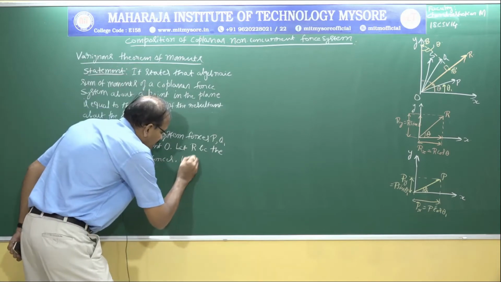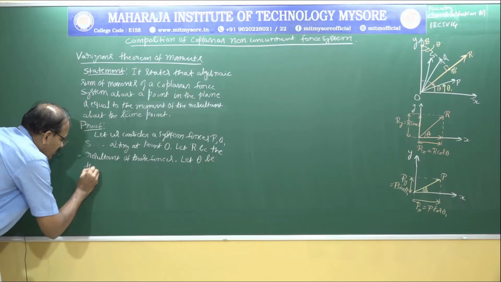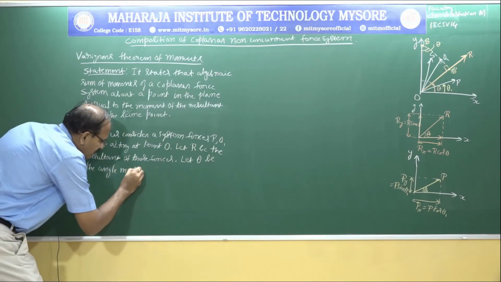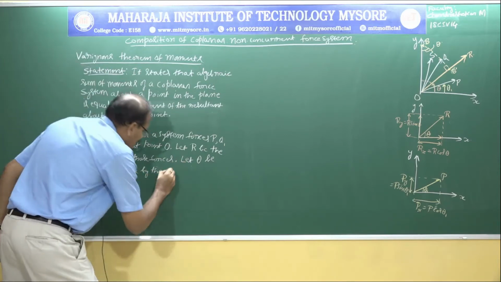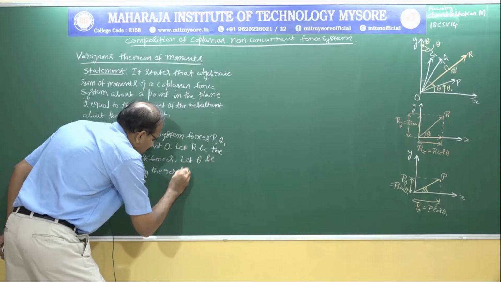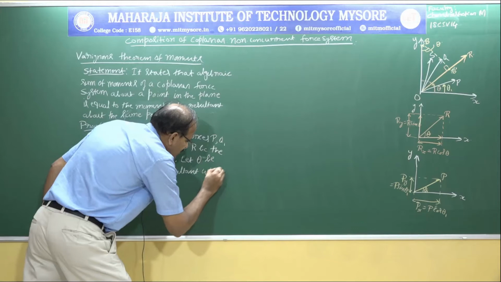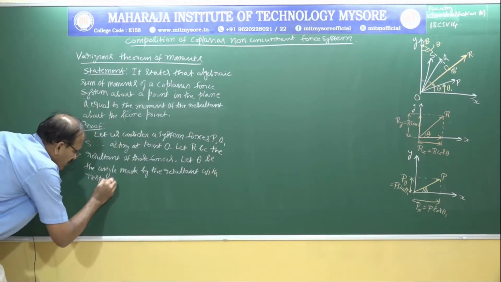Let theta be the angle made by the resultant with respect to the horizontal.